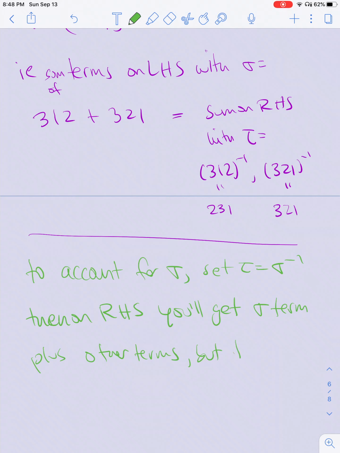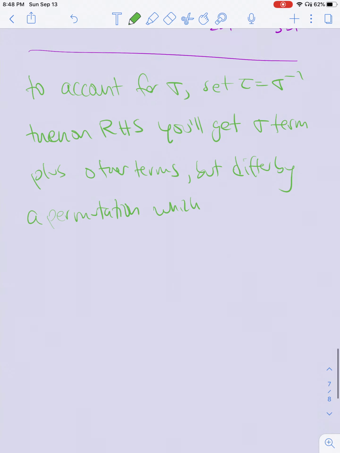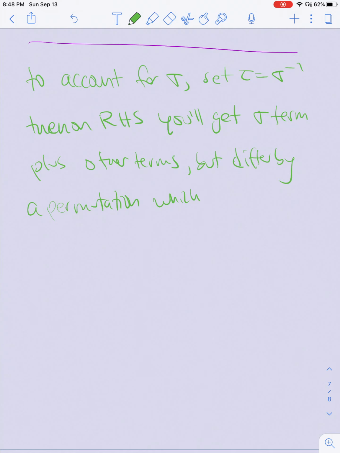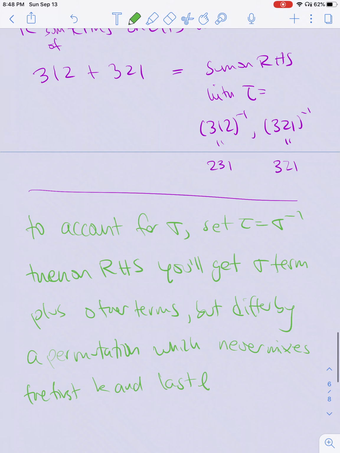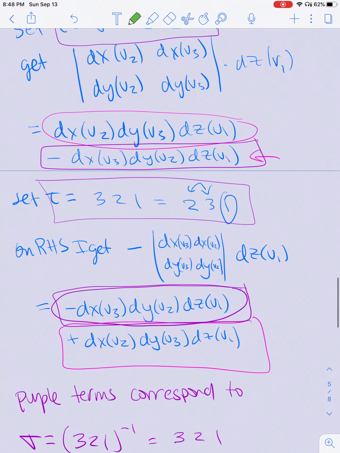But they differ by a permutation which is only within the first k and then the last L, which never mixes the first k and the last L. So for example, this permutation, sending the first to the second, doesn't mix in with the last number.